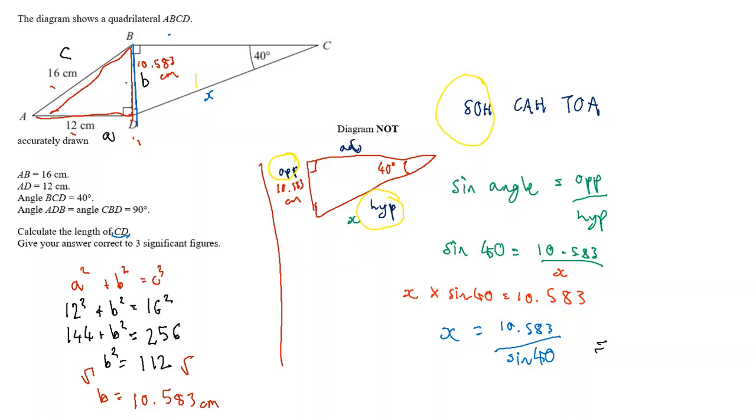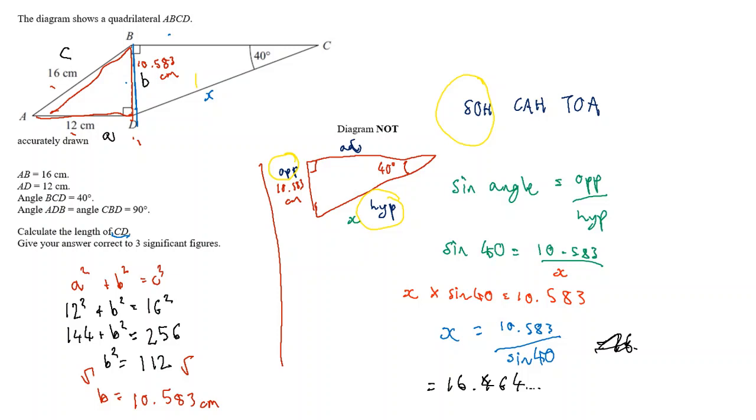So 10.583 divided by sin 40 equals 16.464, and so on.